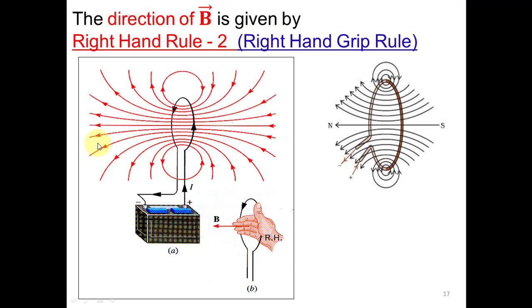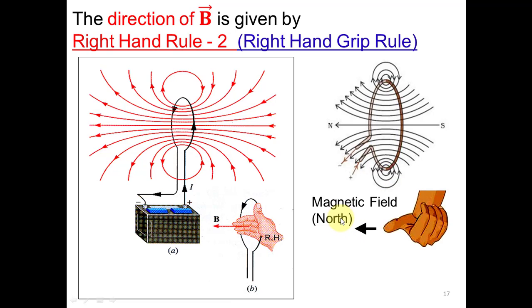From this pattern we can determine the north and south pole. We can determine this is the north pole and south pole also by using our right hand grip rule. So this, your thumb would be your magnetic field B, that's the north here, and your curved fingers determine the direction of the current flow, from here to here.